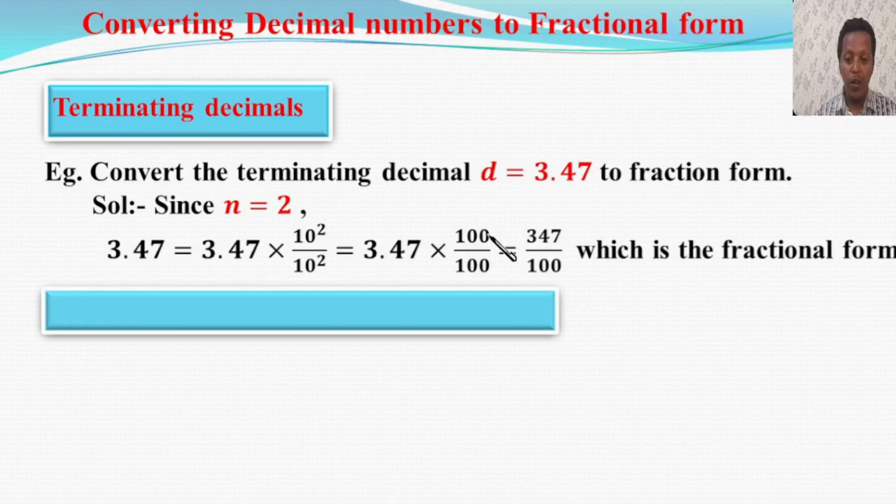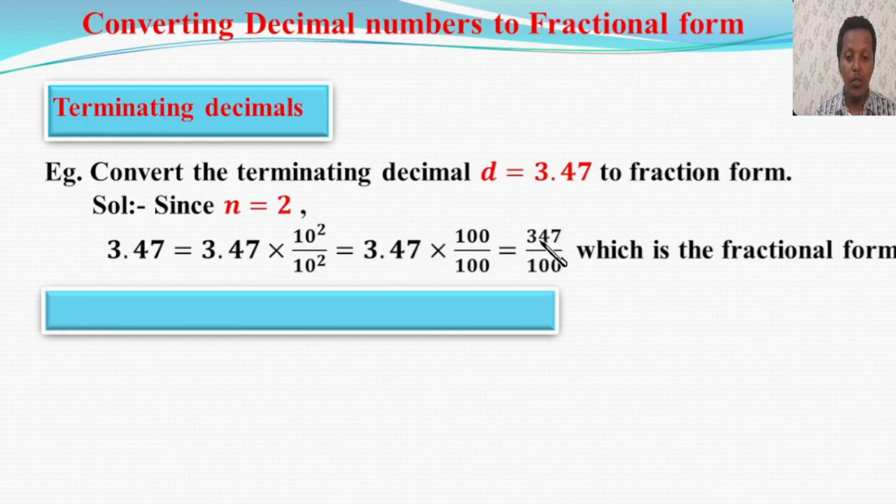So instead of dividing 100 by 100, first we multiply the numerator 100 by 3.47, and the denominator, by default, the denominator is 1. 1 times 100, which is what? 100. So when you multiply 3.47 by 100, the decimal point moves 2 steps to the right.